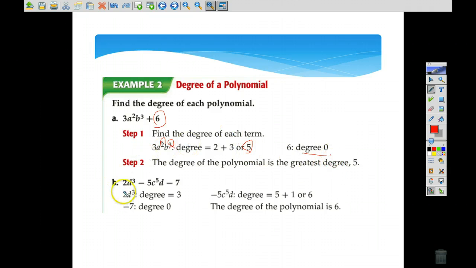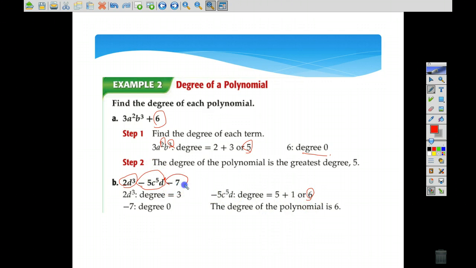All right. Next example, you have 2d cubed minus 5c to the fifth times d minus 7. This term here, the degree is 3. And in this term, c has degree 5 and d is to the first degree, so adding them will be the 6th degree.